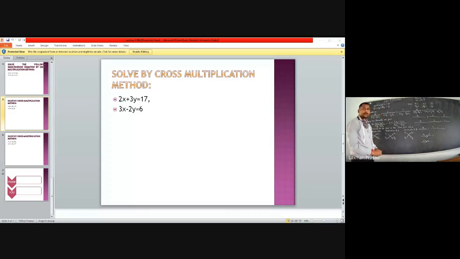Okay. So there is a next question: 2x plus 3y equals 17, then 3x minus 2y equals 6. So we can write this formula.